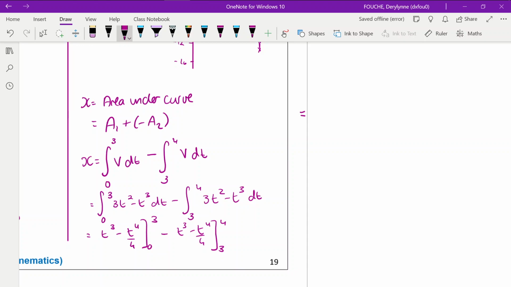And that gives me, let's put that in, 27 minus 81 on 4 minus 0, minus 4 cubed, 64, minus 256 on 4.